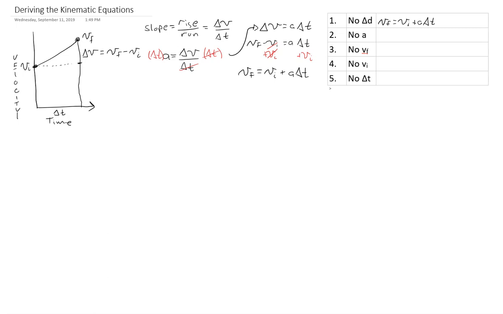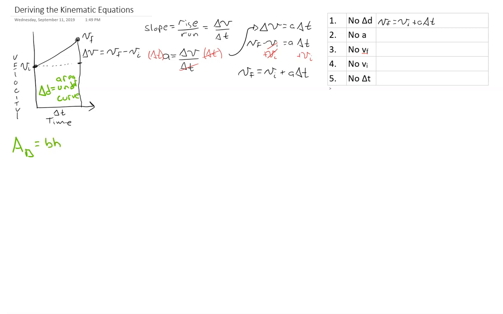Okay, now for the next part. I also know that my change in distance is equal to the area under a velocity time curve. So the area under this line is going to be equal to my change in distance. Now I can find that. I know the area of a rectangle is always going to be my base times my height.